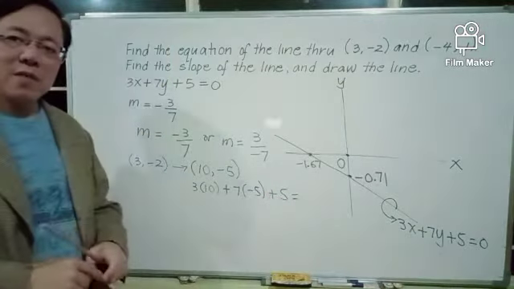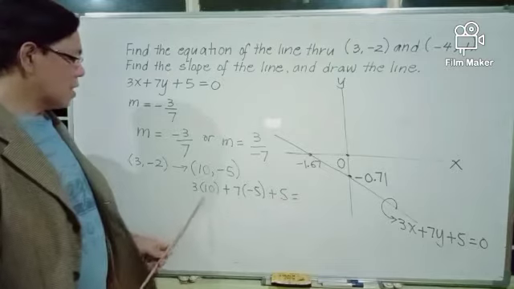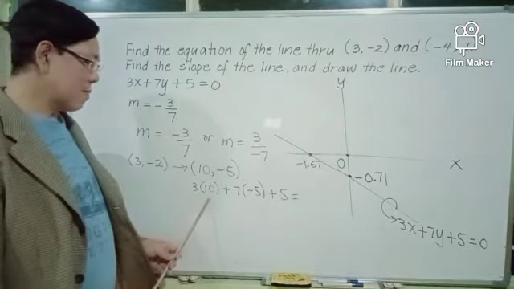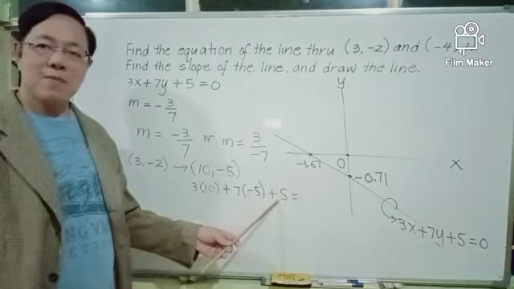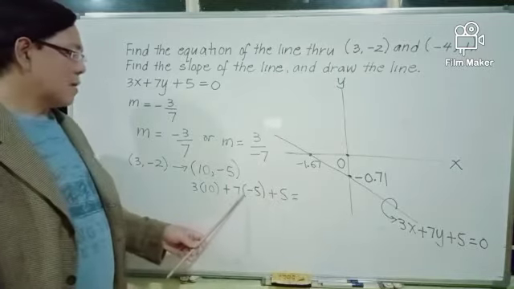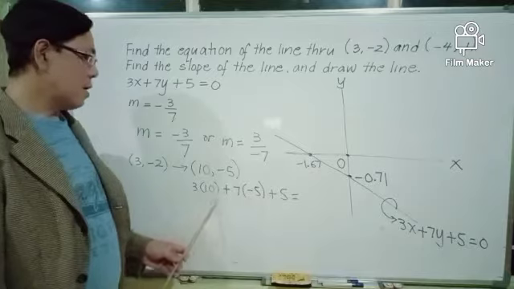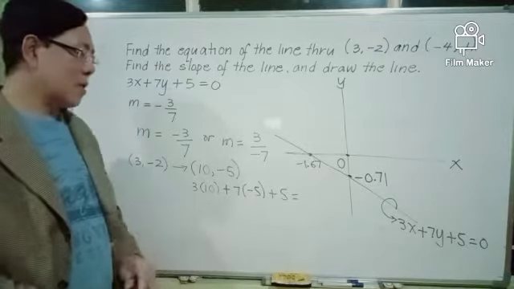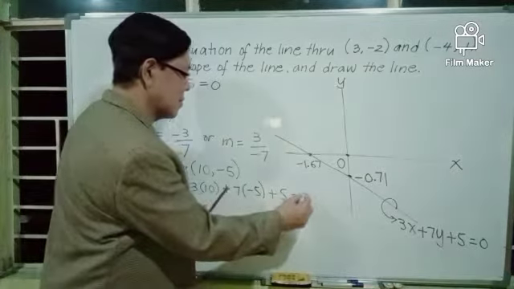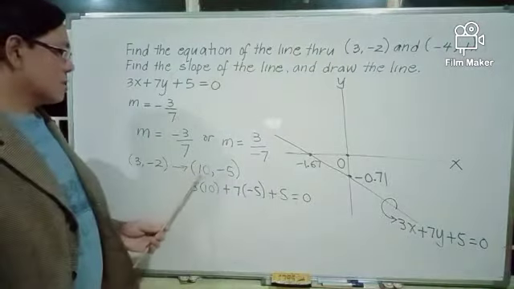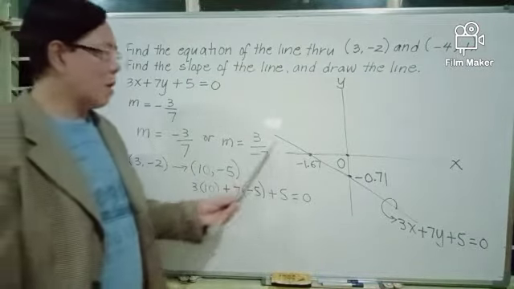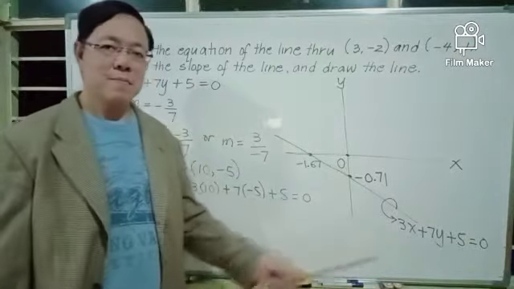We check if this is 0. We have 3 times 10 is 30, plus 5 is 35, and 7 multiplied by negative 5 is negative 35. And 35 minus 35 is 0. Thus, this point is really a point on this line.